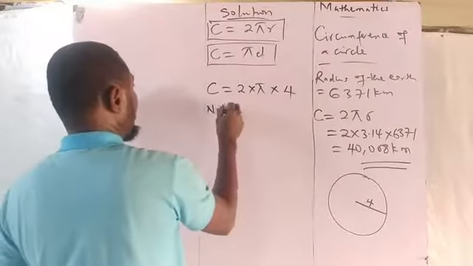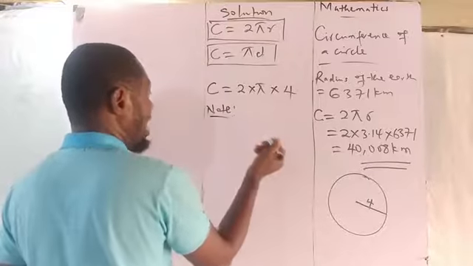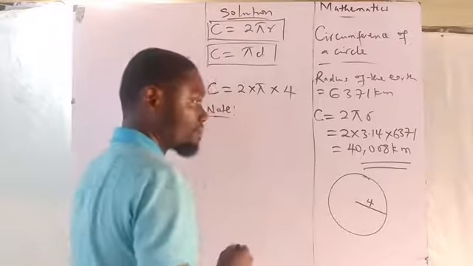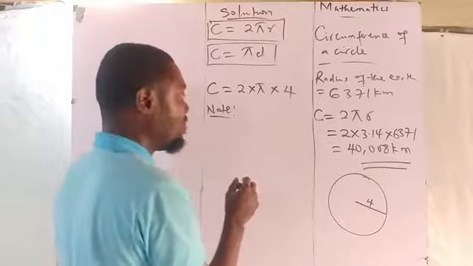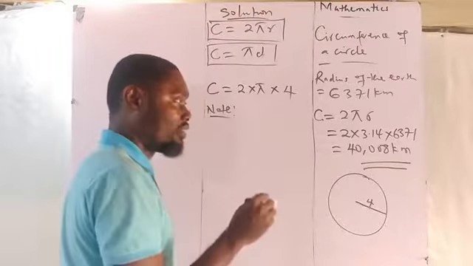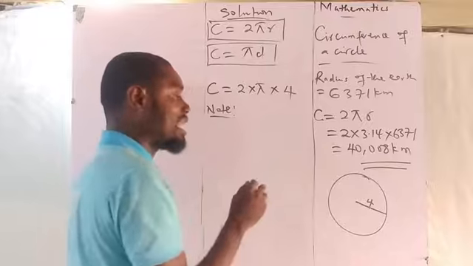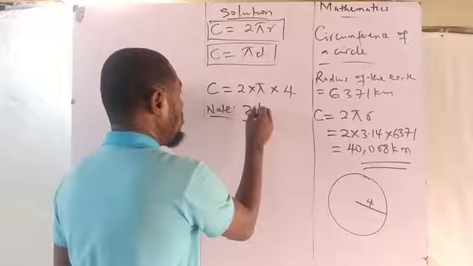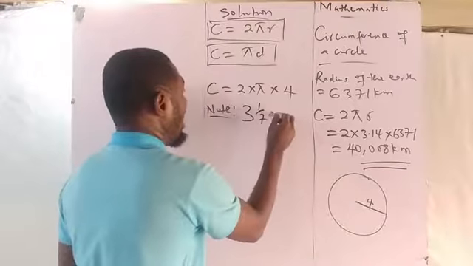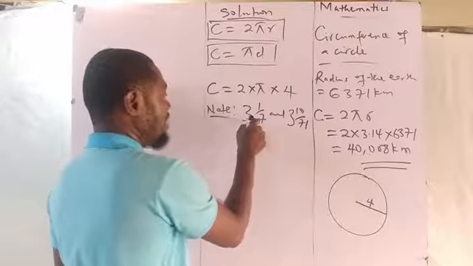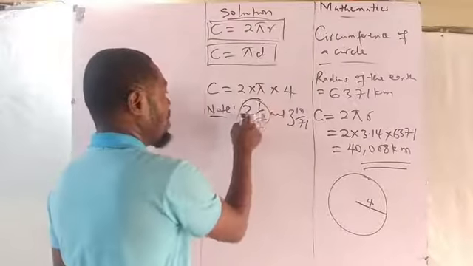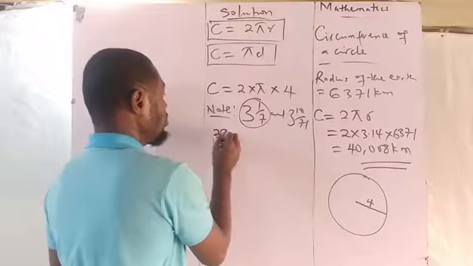Note that you can use the fractional pi, which is 22 over 7. Remember, Archimedes said his pi lies between 3 1/7 and 3 10/71. If you multiply 3 by 7 and add 1, that gives you 22 over 7.